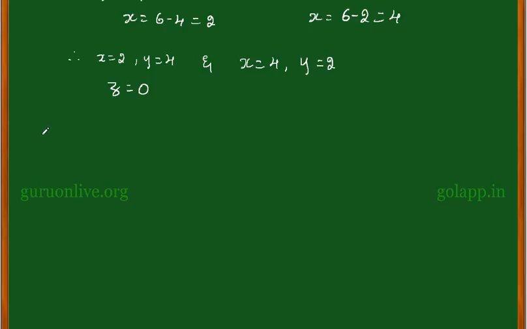And let me find x, y, z for the third equation, and the third equation is [x plus y plus z; x plus z; y plus z] which is equal to [9; 5; 7].